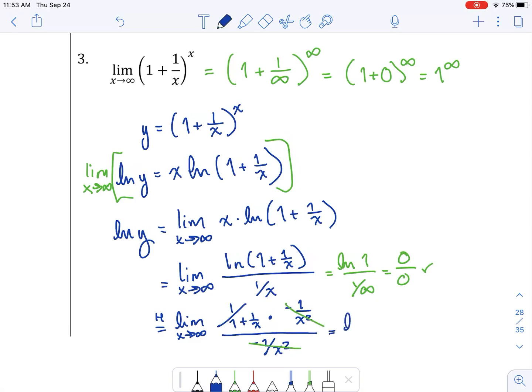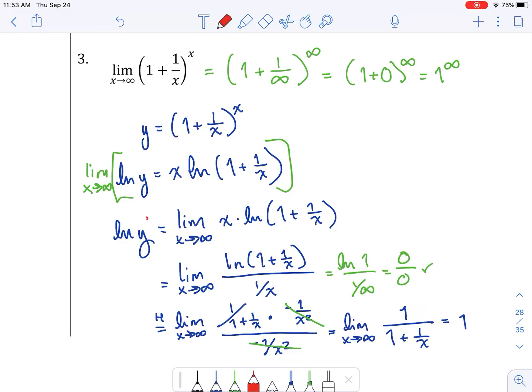Cancel, cancel. And we're left with the limit as x approaches infinity of 1 over 1 plus 1 over x, which when we plug in infinity equals 1. Now, before we circle 1 and you're like, Miss Ross, we told you 1 to the infinity power is just going to be 1. We're not done.